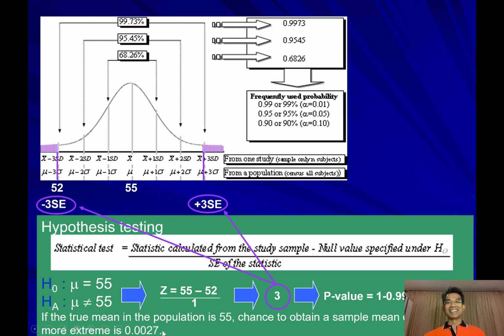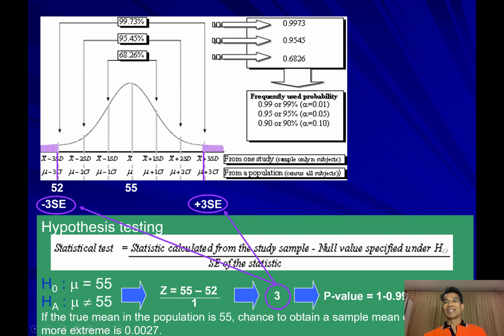What does it really mean? It really just means that it is very unlikely to get a sample mean of this, or higher or lower in this case. That means or lower. What is that probability?